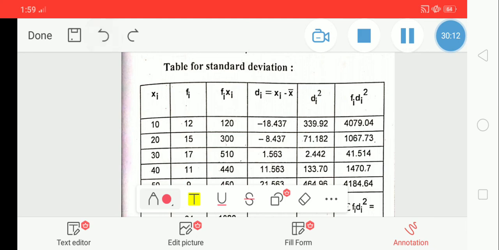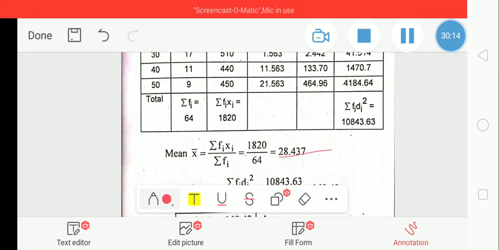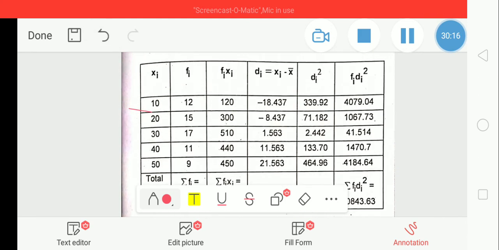So xi is 10 minus 28.437. Now 20 minus 28.437, and 30 minus 28.437, 40 minus 28.437, and 50 minus 28.437, so that gives 21.563. Now we take the square, meaning di square.